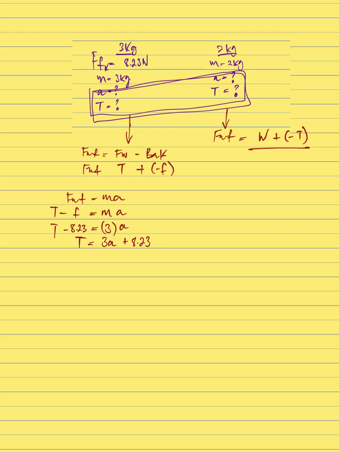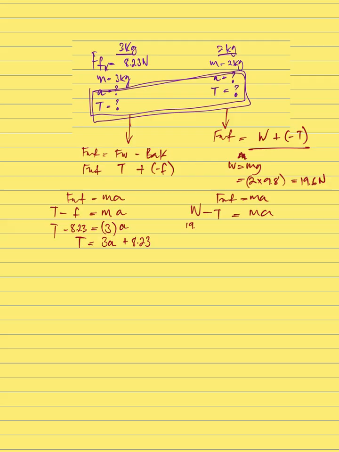All right. The other equation, Fnet is equal to MA. This one is weight minus tension is equal to mass times acceleration. The weight for this one: W is equal to mg, which is 2 times 9.8, which is going to give me 19.6 newtons.